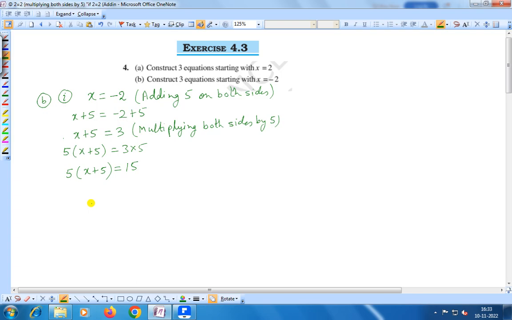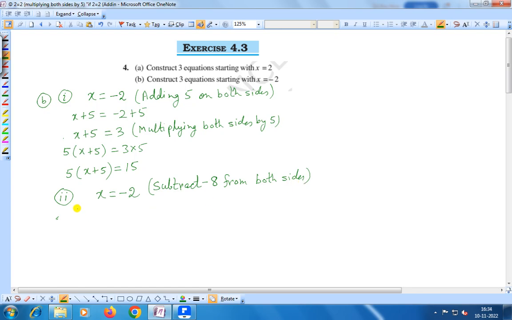This is one equation. Let's solve, and we will construct another equation, that is equation number 2. Here equation number 2, here we find x is equal to minus 2. Subtract 8 from both sides.